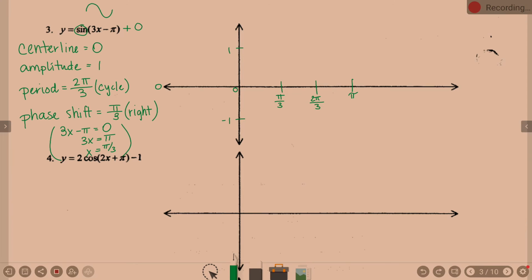Now, our period is 2 pi over 3. So what that's saying is that my graph, don't think shift for the moment, okay? My graph is going to fit between 0 and 2 pi over 3. Right now, I have 0 to 2 pi over 3 just broken into 2 pieces. So I would encourage you to at least make tick marks so we have it in 4 pieces.